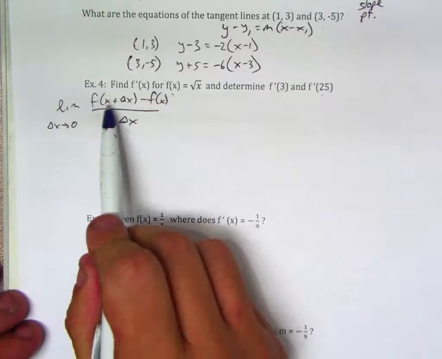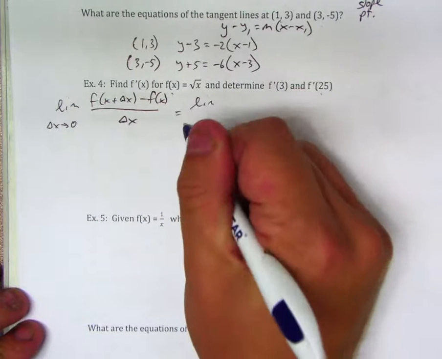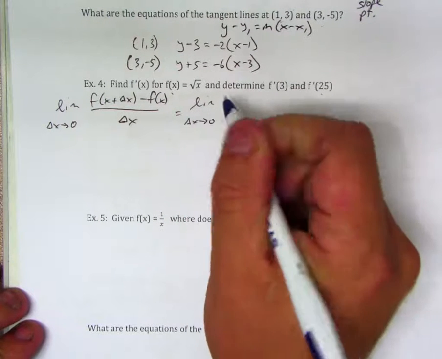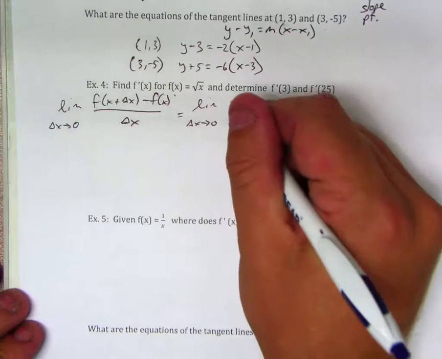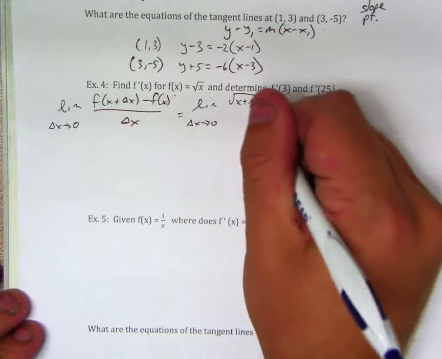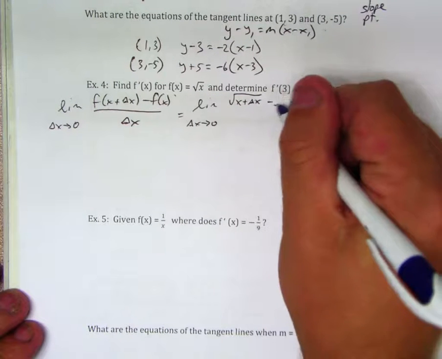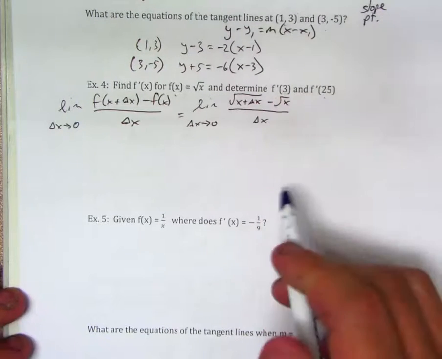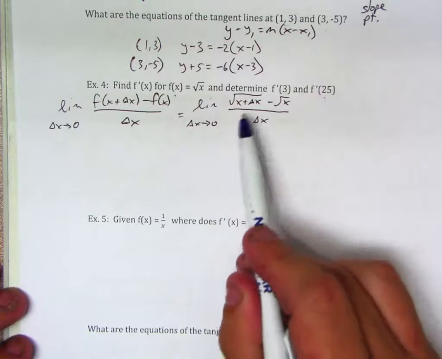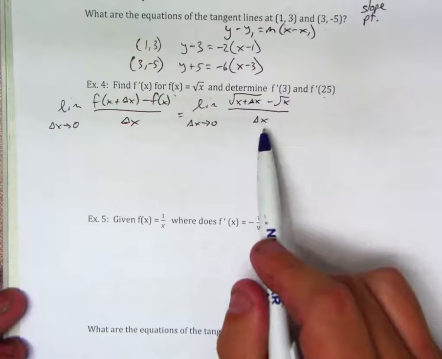So we're going to plug x plus delta x where the x is. So we have limit as delta x approaches 0. And we're going to have the square root of and input x plus delta x. So the square root of x plus delta x minus f of x, so minus square root of x over delta x. And then we go to plug 0 in for the delta x's, and that sucks because we get 0 over 0. Not good.